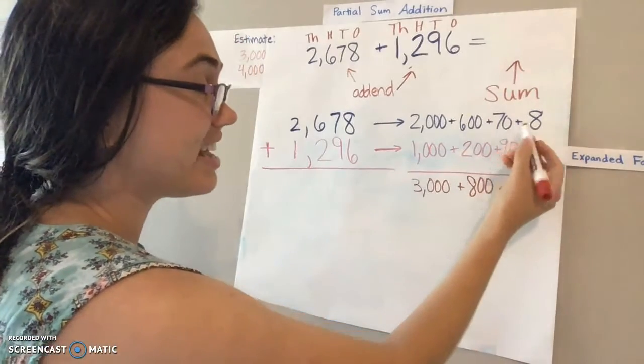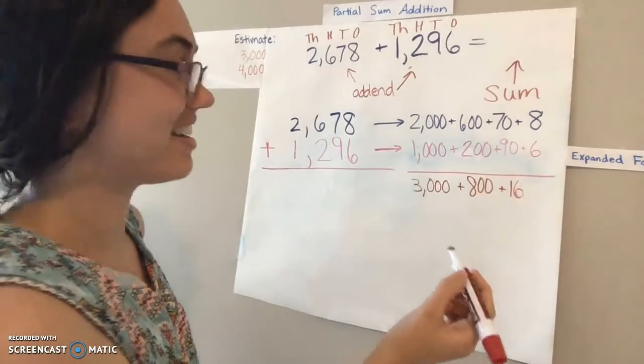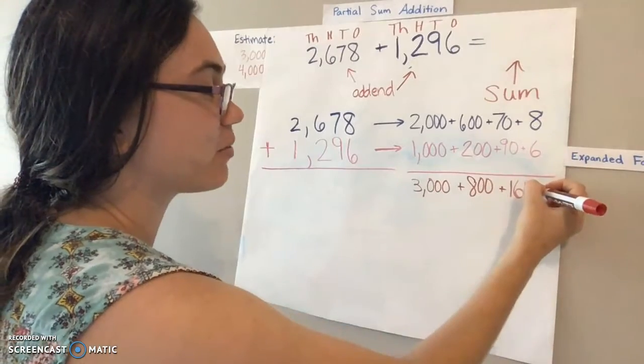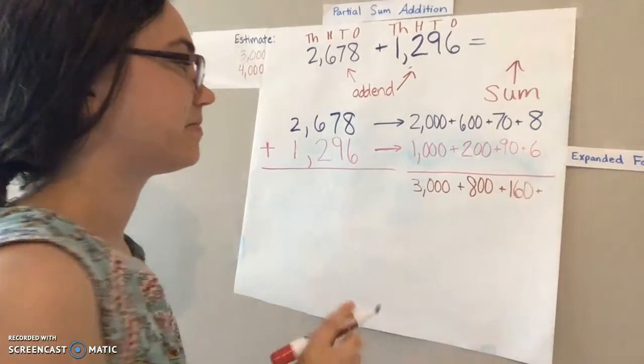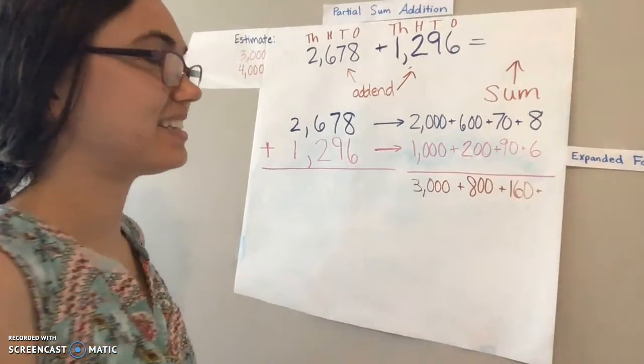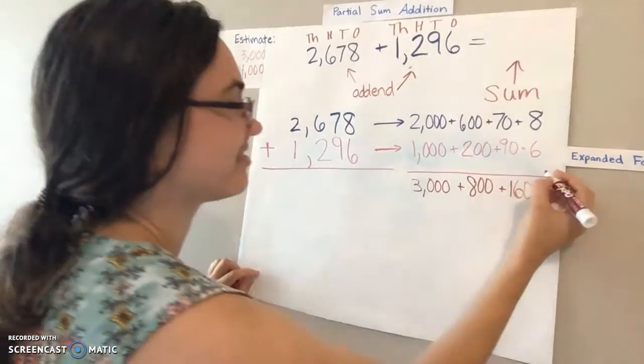So 70 plus 90, if we added all of those tens rods together, our answer would be 160. Finally, for our ones place. Okay. 8 plus 6, 8, 9, 10, 11, 12, 13, 14.